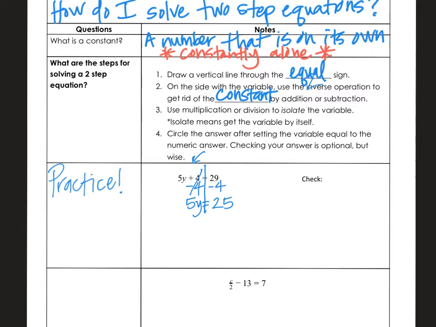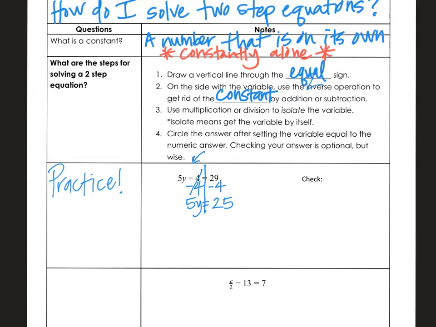Okay, so now I need to isolate my variable. So that means I need to get my variable by itself. Right now I have the 5 in front of the y. It's the coefficient. If these numbers are just right next to each other, that means that they're multiplying. So in order to get y by itself, I need to do the opposite of multiplication. So that means I need to divide.